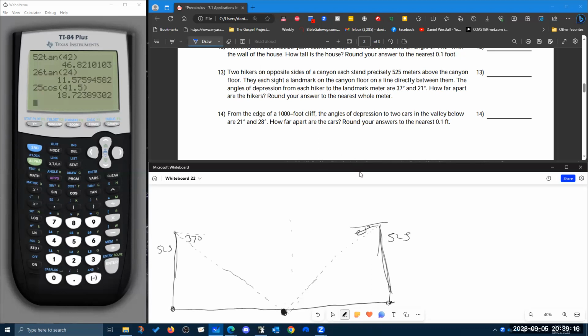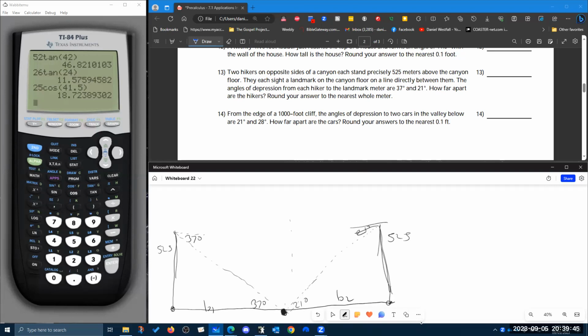So this angle here is 21 degrees, and this angle here is 37 degrees because those are alternating interior angles cut by a transversal, so they're congruent. So I want to find B1 and B2, I'll call them there.